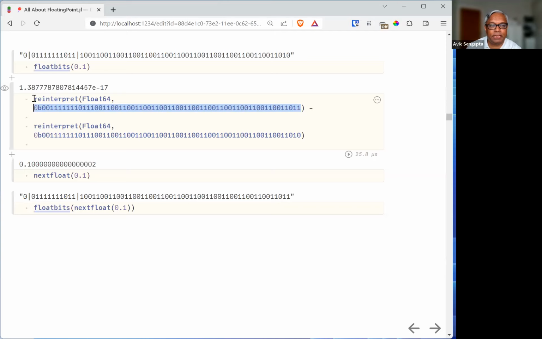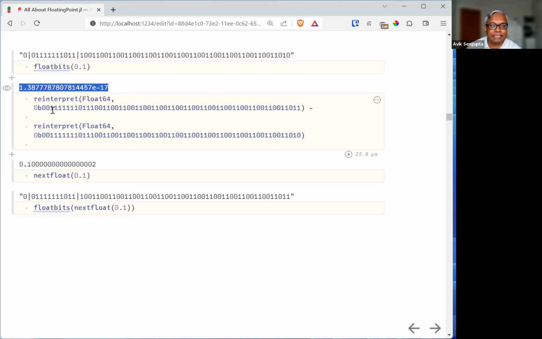Then we compute the float 64 of this number, the float 64 of that number, and the difference between the two is EPS.